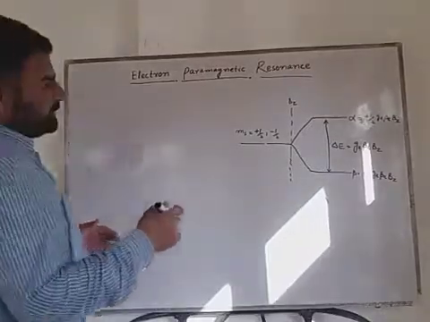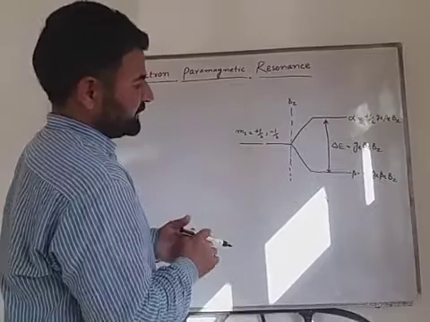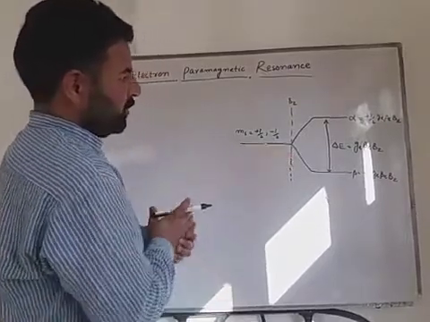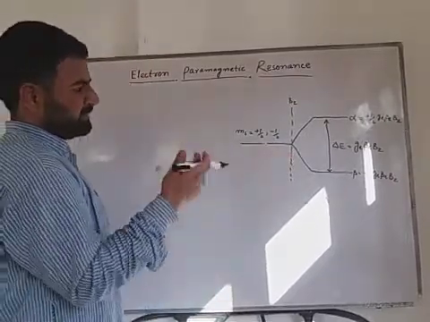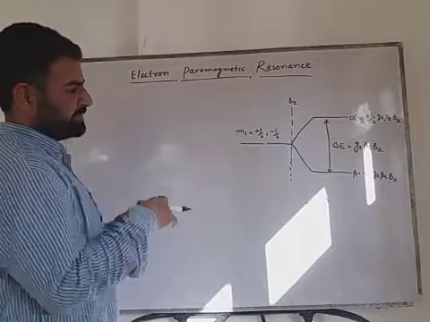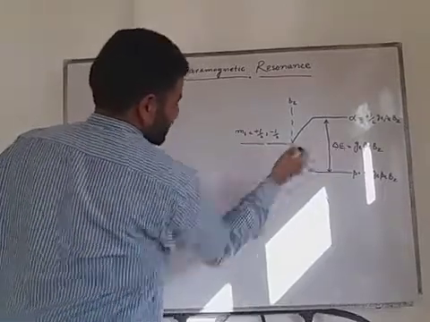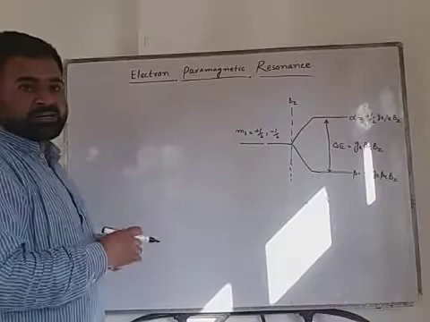So when we have to undergo a transition in this system, we will require radiation which has frequency equal to this delta E, then only the resonance can occur.